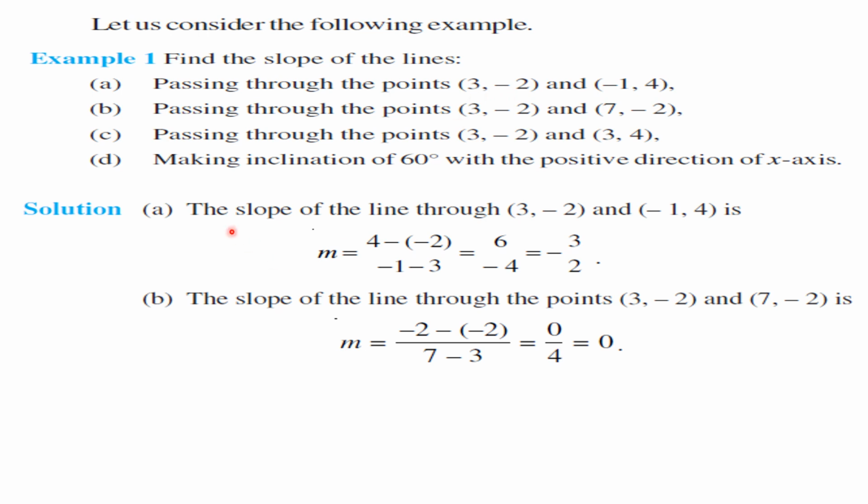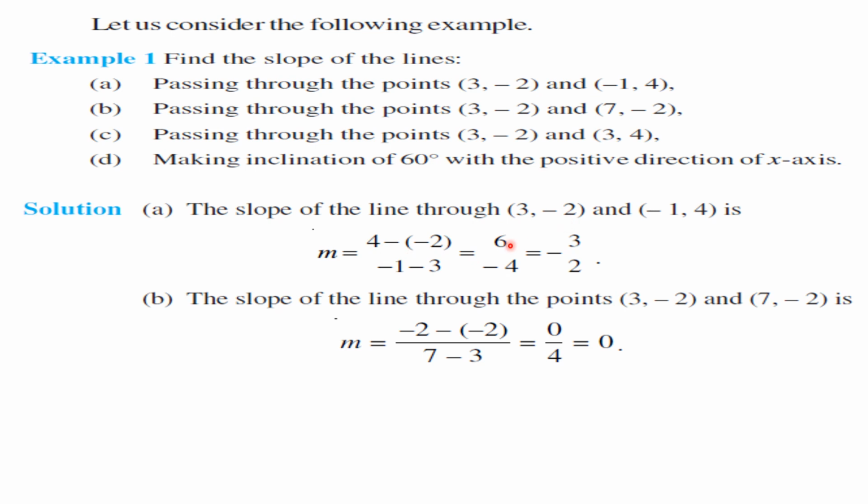So see the solution here. Let us consider this is x1 and this is y1. And in the second ordered pair, x2, y2. Then m is equal to, what is the slope? y2 minus y1 by x2 minus x1.